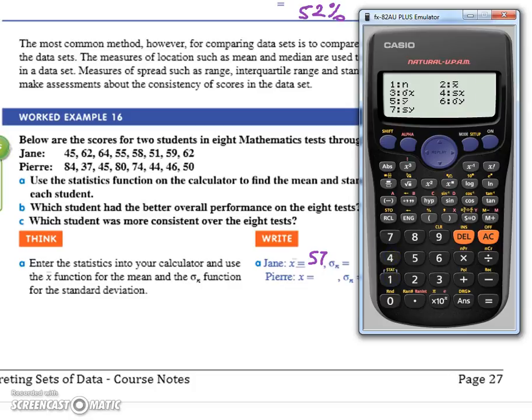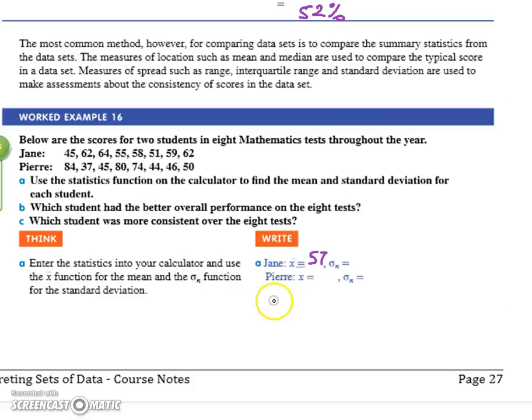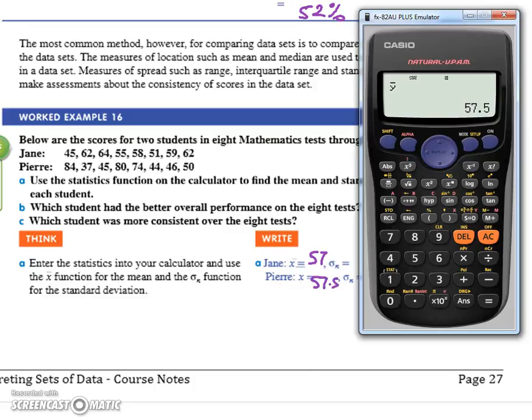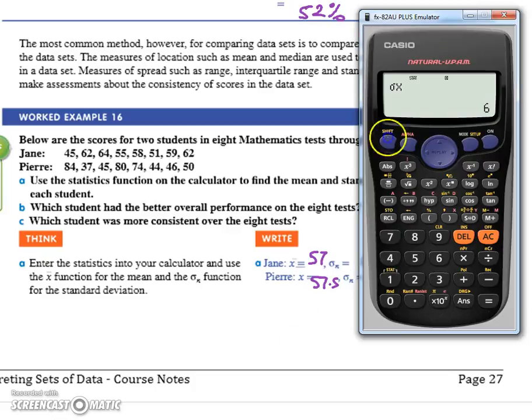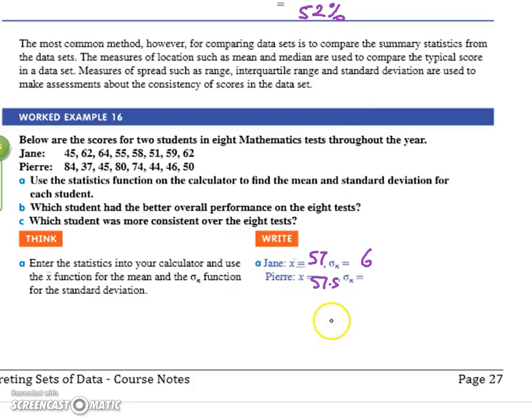So that's the mean of Y, 57.5. Then we'll get the standard deviation for Jane, which on mine is number 3. Gives me a standard deviation of 6. And then we'll do the same with Pierre, which on mine is number 6. And standard deviation 17.4.